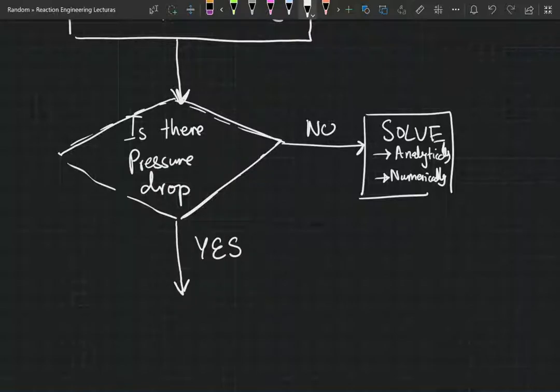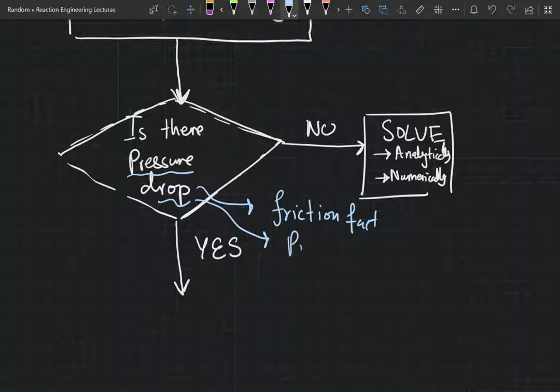I know some chemical engineers are really going to dread pressure drop in their system. Pressure drop is usually due to friction, due to a high friction factor. It's due to the presence of packing material.